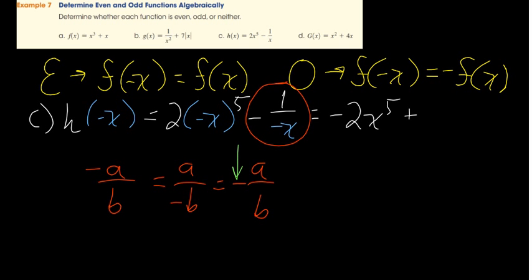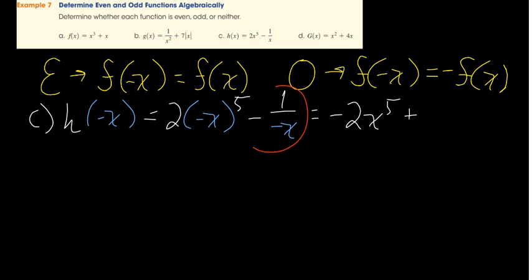Because if we look at this particular problem right now, we've got a negative, and then if I rewrote 1 over negative x in the form that I said you probably should, then it would be a negative 1 over x. And of course, it's very easy to see now that it is indeed a negative negative, or in other words, a positive.